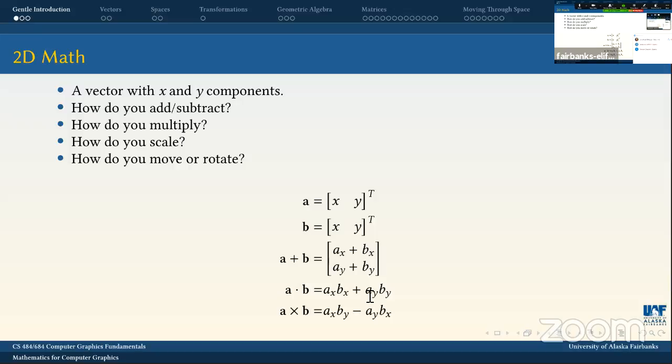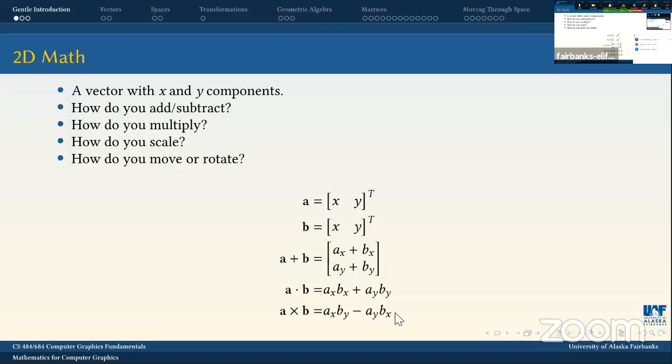And then we have the cross product. Anybody who's done a determinant in math before knows that if you had a matrix A, B, C, D, then you do A times D minus B times C. And if you were to arrange the A vector and the B vector in a matrix, you would notice that this actually is the same calculation in two dimensions.